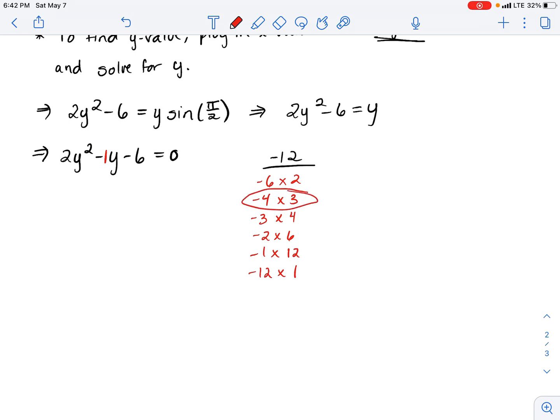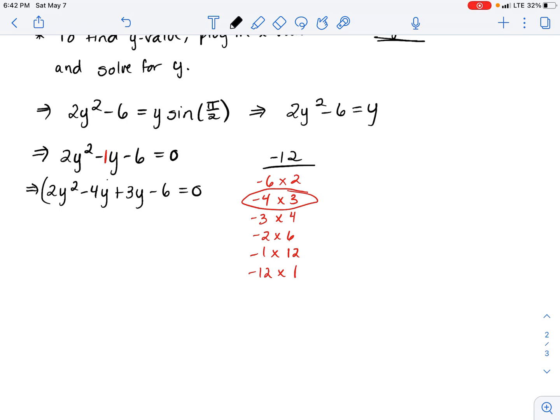And so this one should work. Now what we're going to do is expand out the terms. So I get 2y squared minus 4y plus 3y minus 6 equals 0.